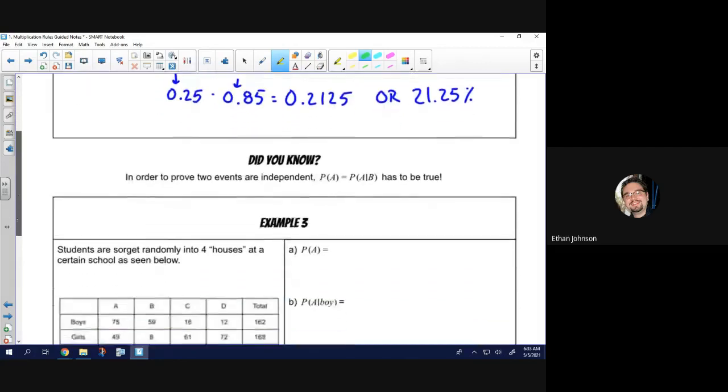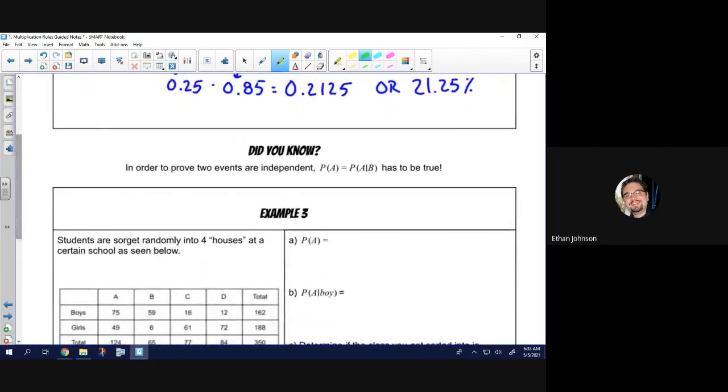So we have a little did you know, and this did you know is going to be very important. It says in order to prove 2 events are independent, meaning, remember, one does not affect the other, this has to be true.